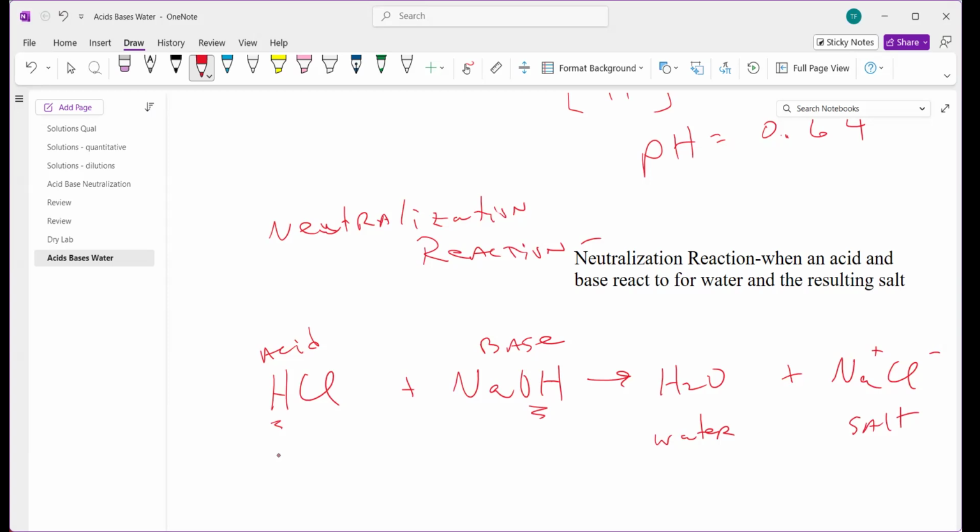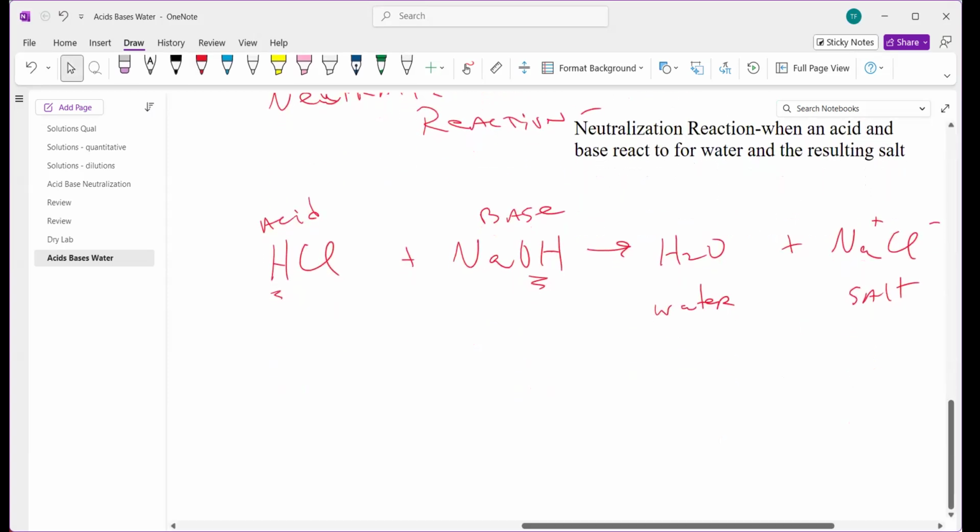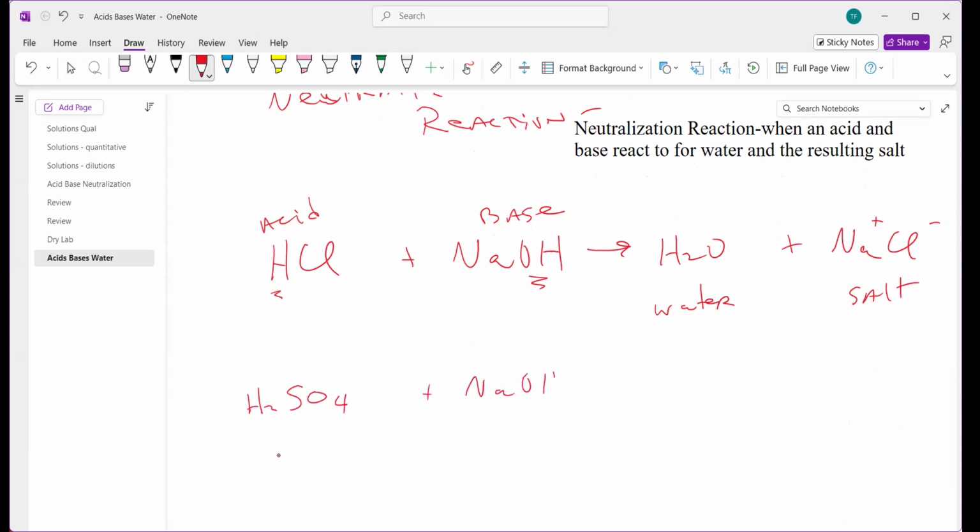Now, sometimes with acids, particularly, you can have more than one H come off as an ion. For example, sulfuric acid. So if we had sulfuric acid and sodium hydroxide, is this first equation balanced?